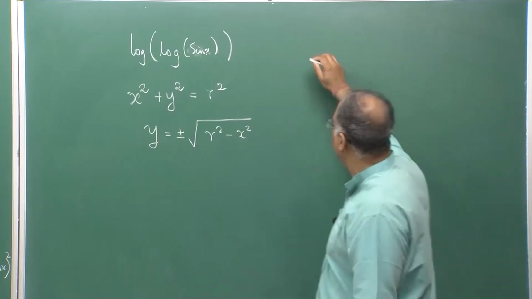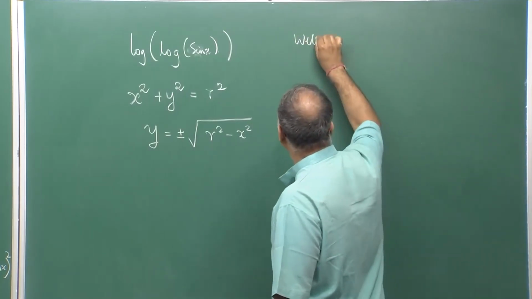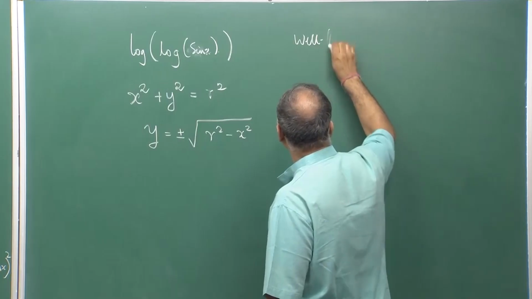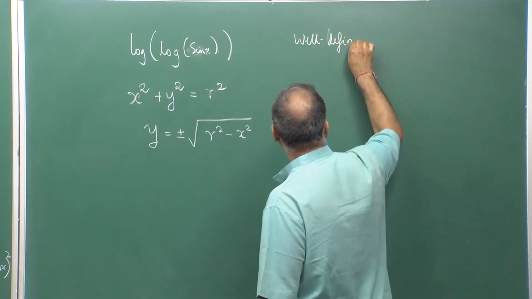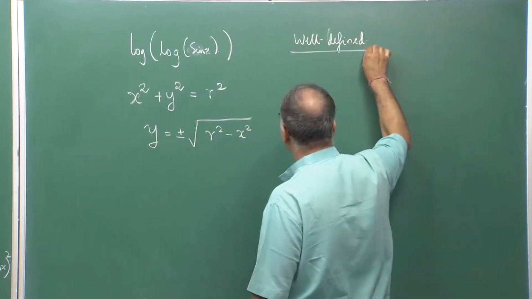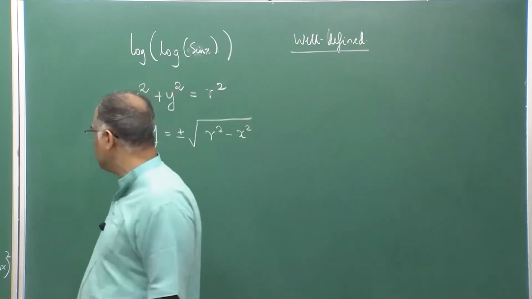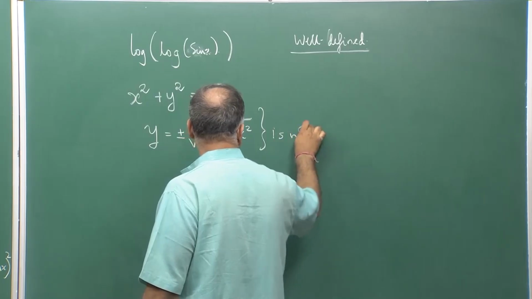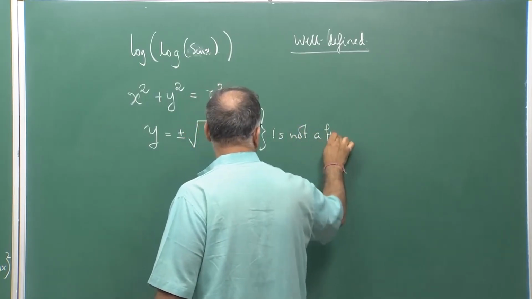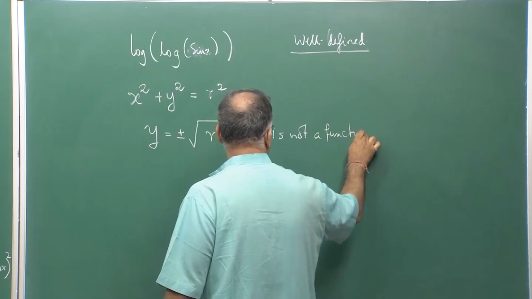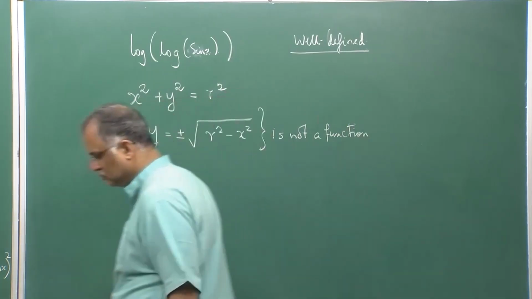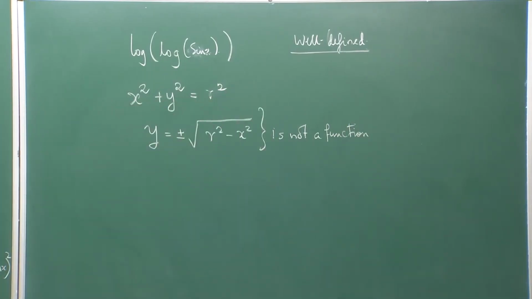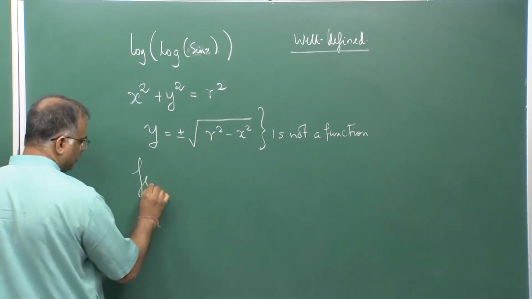So, this concept of well defined is a very important notion in mathematics. What you define, what you say, has to make proper sense. For example, this one is not a function. For example, let me come here, I write this formula.